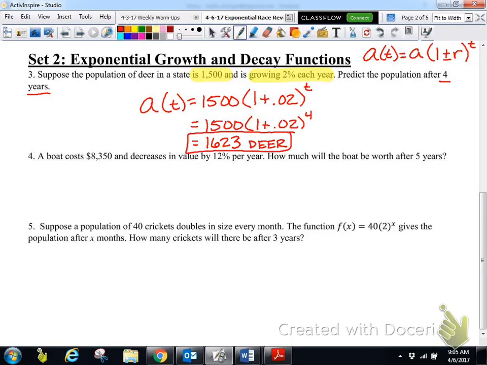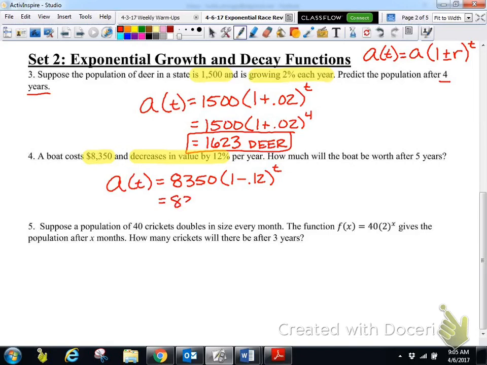Moving on to the next one, a boat costs $8,350 and decreases in value by 12% each year. How much will it be worth after 5 years? So again, we know that we're going to start with a of t equals, our starting value is going to be $8,350. And since it decreases, we're going to say 1 minus, and 12% as a decimal is 0.12, raised to the t.